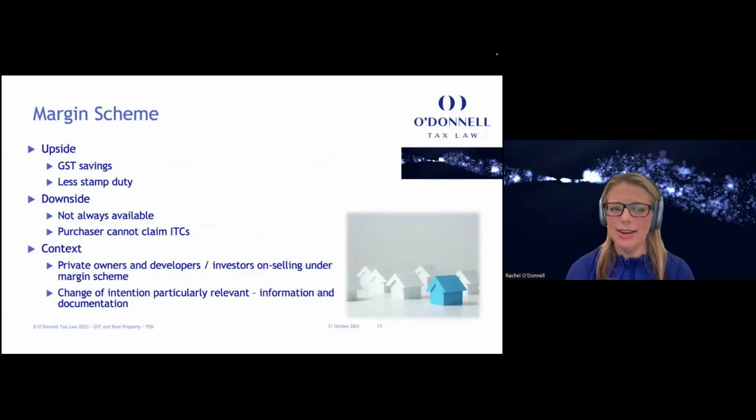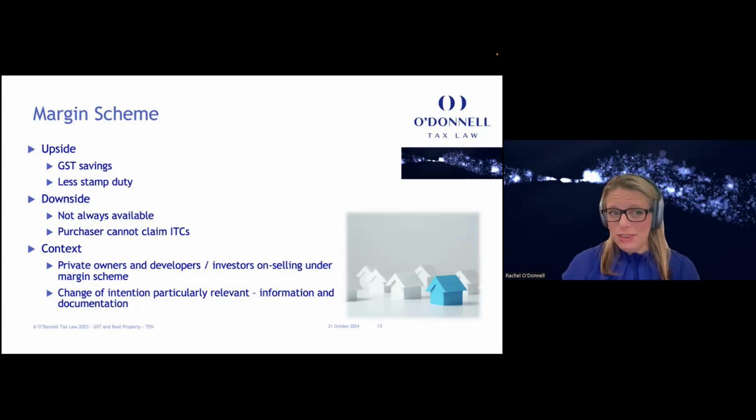The downside is it's not always available. Some suppliers are ineligible for the application of the margin scheme. And the other significant downside is a purchaser cannot claim input tax credits. So the GST that is charged under the margin scheme isn't something that can be claimed back by a purchaser.